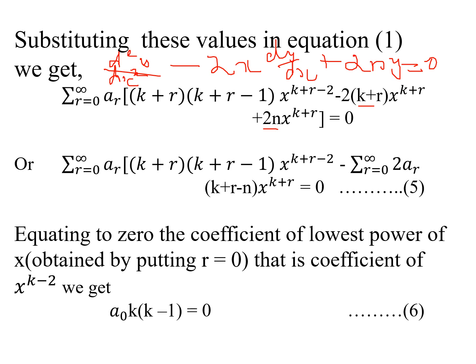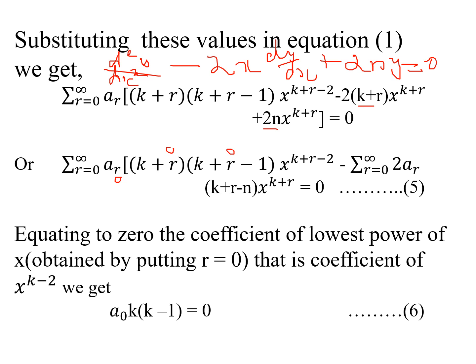Next, we have to set up the recursion relation, that is, equating to 0 the coefficient of the lowest power of x by putting r is equal to 0. If we put r is equal to 0, in this x power k plus r minus 2, we are taking only this term.